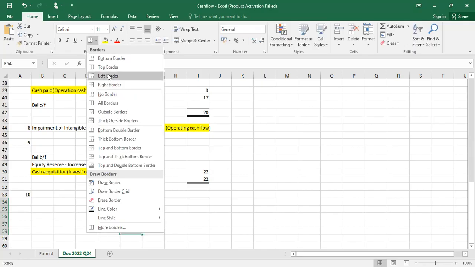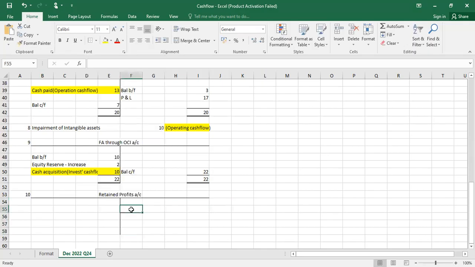Being equity, these are credit accounts, and so the balance brought forward is a credit. How much was the brought forward balance for the retained profits account? The brought forward balance was 91.